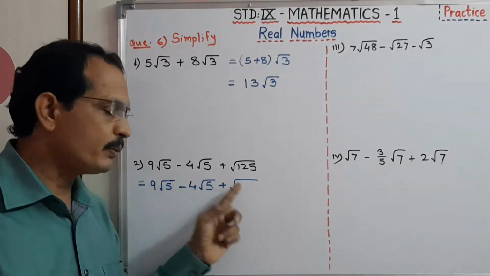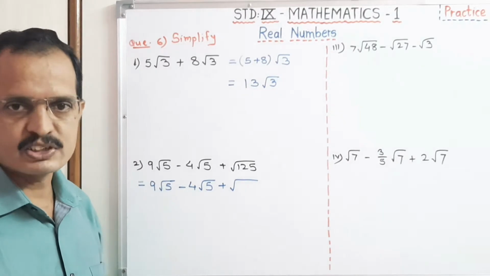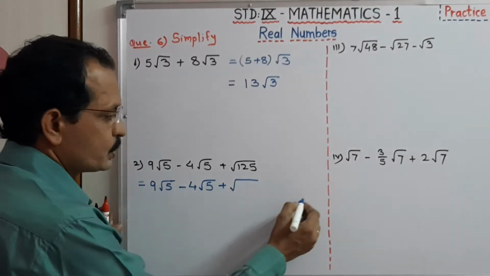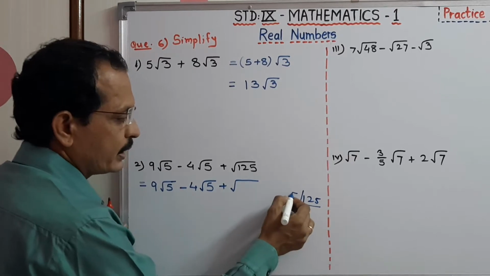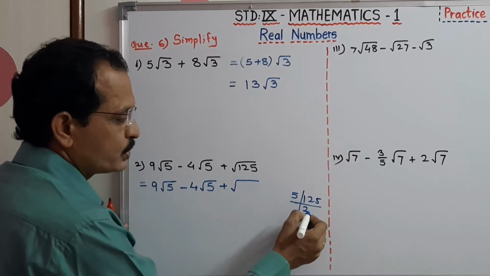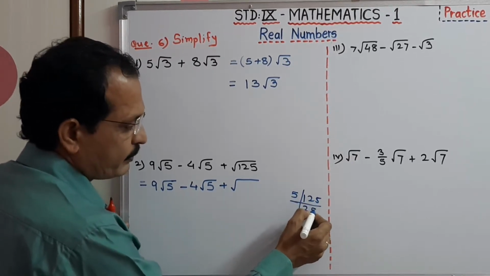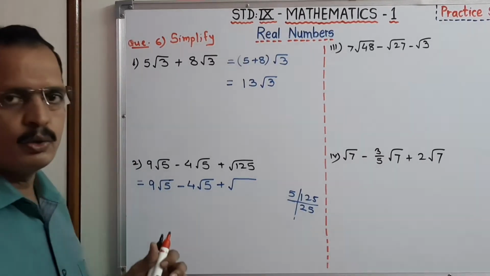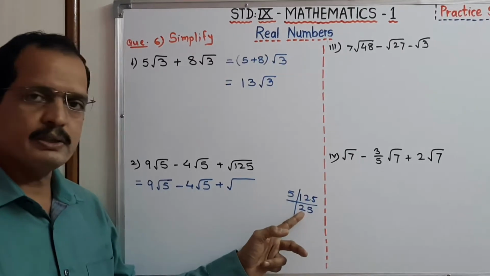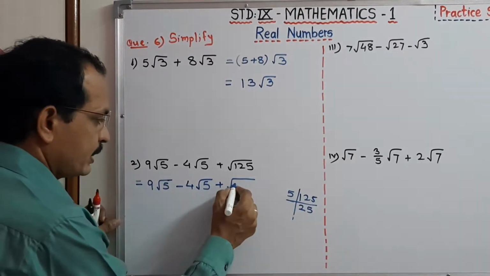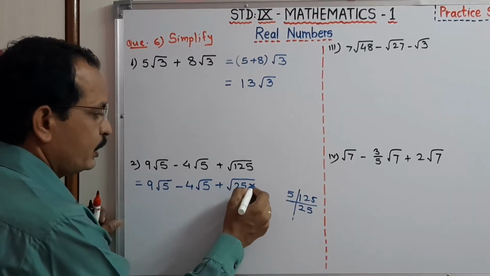The order is 2, therefore one factor should be a perfect square. I have already told you how to factorize this. 5 twos are 10 and 5 fives are 25. Therefore we get 2 factors, 25 and 5. 25 is a perfect square, therefore we can write it as 25 into 5.